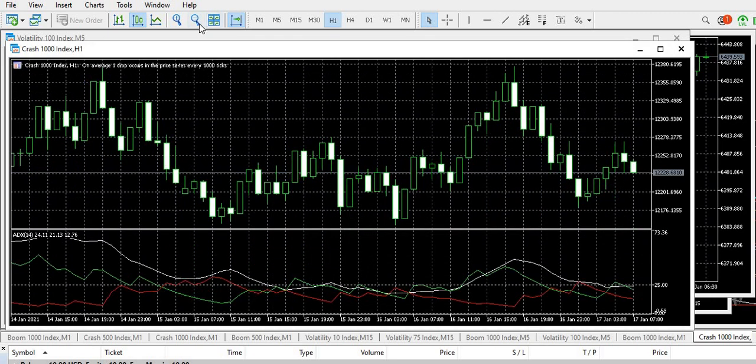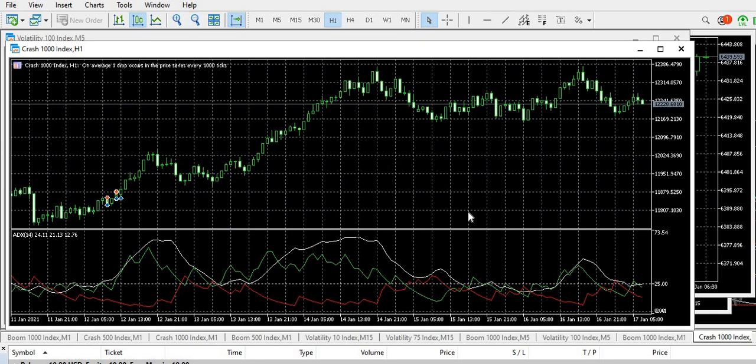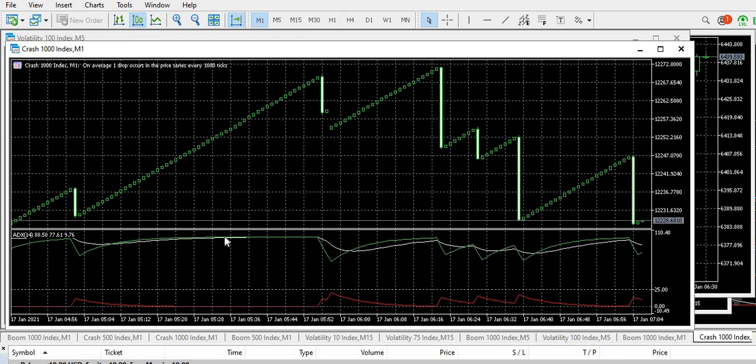So what I meant by higher time frame is this: you should be able to see the chart as a normal chart, not as spikes. And how do you know the trend on a normal chart? If you go on the lower time frame H1, you will see what is happening.